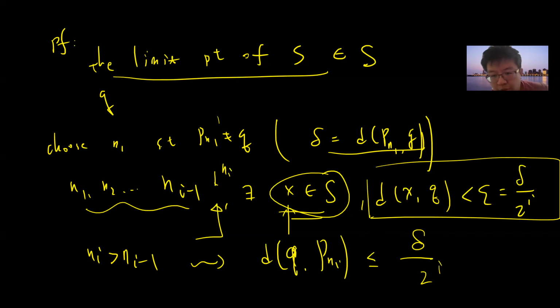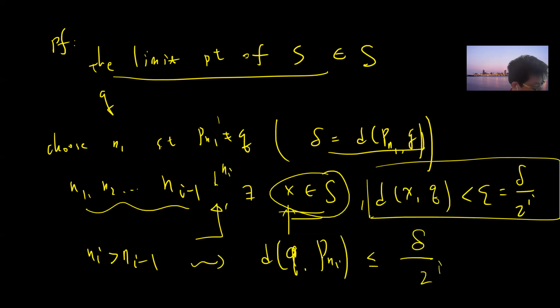What we have already shown is that from these two you can get d(Q, P_Ni).